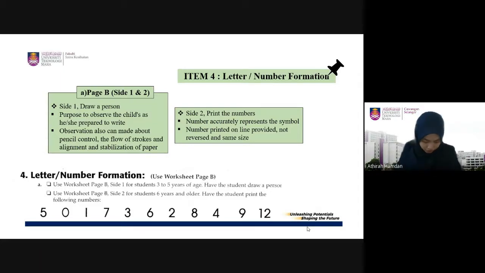For task side 2, children 6 years old and above need to print the number. Make sure the number accurately represent the number, symbol, underline provided, not reverse, same size.